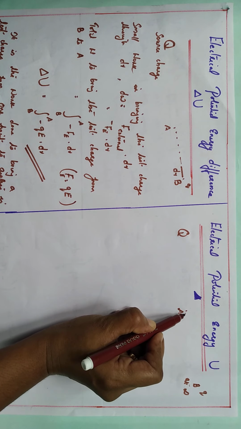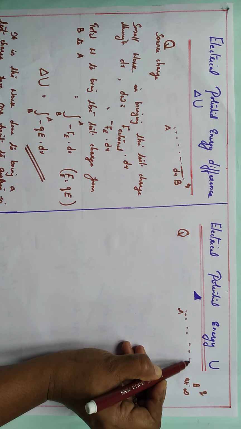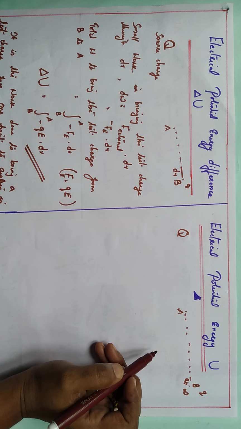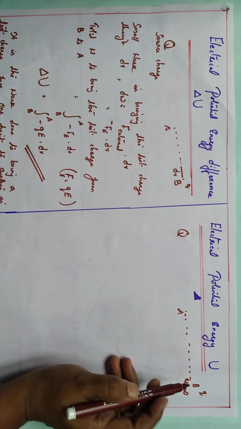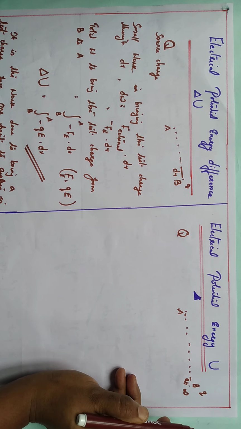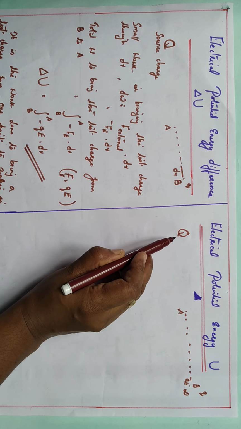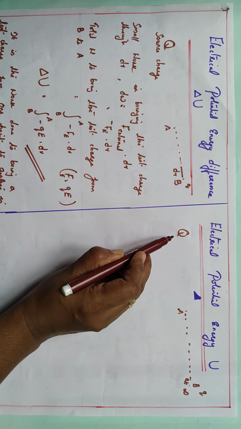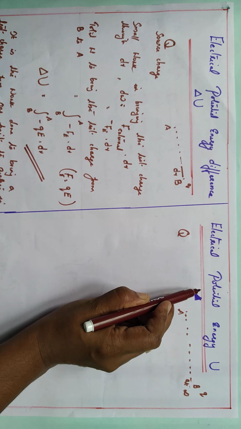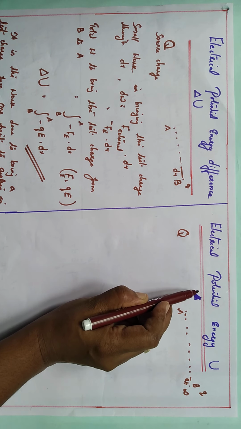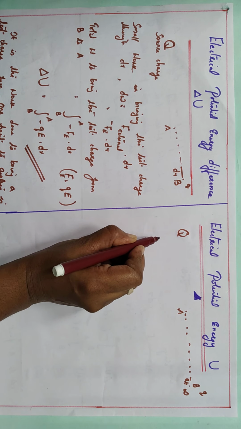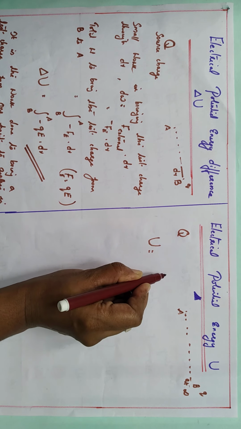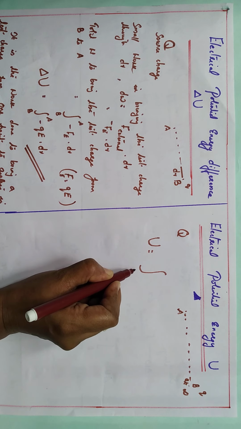Here also, in order to move the test charge from infinity to the point A, we have to do some work. That work in bringing the test charge from infinity to a point in the electric field of the source charge against its force of repulsion is called the electric potential energy. So here directly we can write the formula for electric potential energy: U equals the integral from which point to which point?